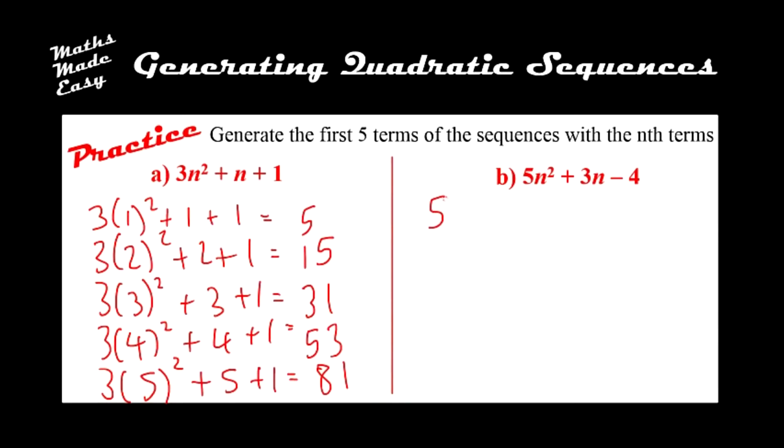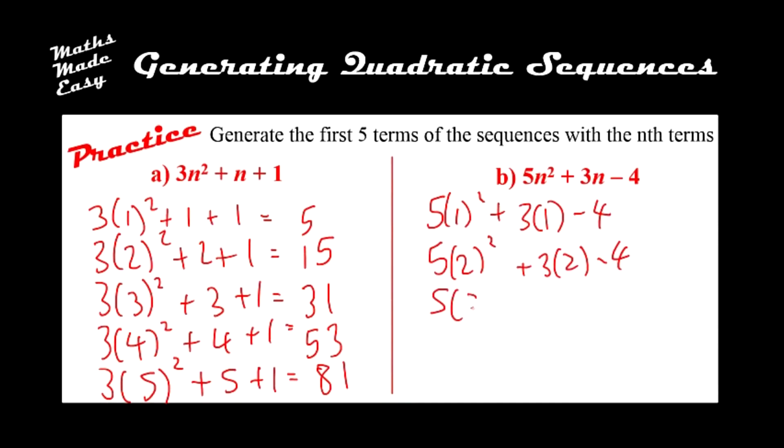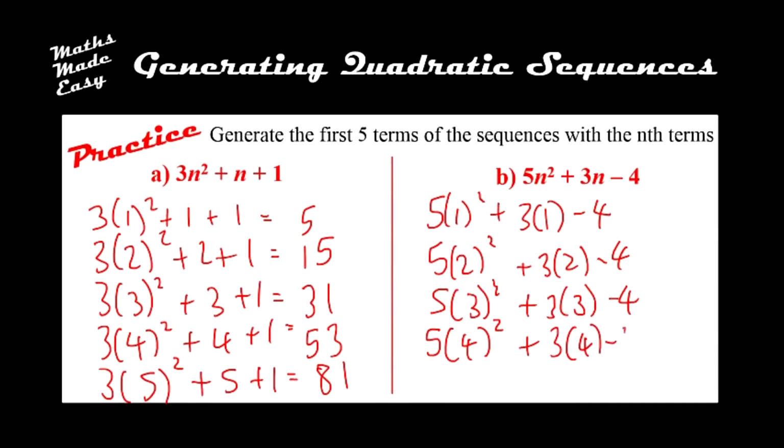So the second one here, we've got 5 lots of 1 squared plus 3 lots of 1, so we do have a coefficient of n this time, then take away 4. Then we've got 5 lots of 2 squared plus 3 lots of 2, take away 4. 5 lots of 3 squared plus 3 lots of 3, take away 4. And then 5 lots of 4 squared plus 3 lots of 4, take away 4, and then finally 5 lots of 5 squared plus 3 lots of 5, take away 4.